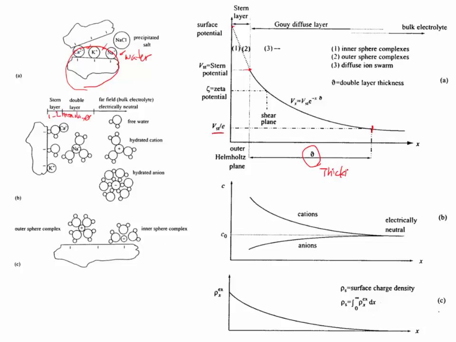Right? Diffuse double layer. So using this kind of concept, we're going to correlate to the electrical conduction in the clay mineral.